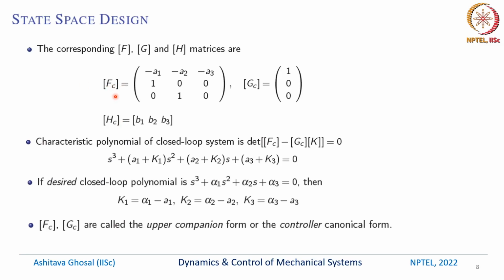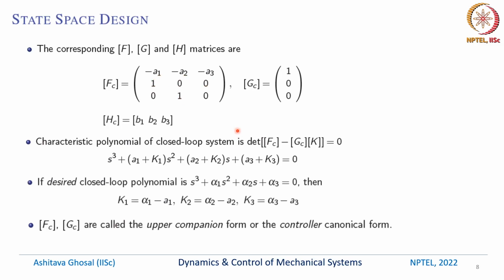So this subscript C basically means that F is in the controller canonical form. Whenever you have a controller canonical form, G is 1, 0, 0, and F is in this form: minus A1, minus A2, minus A3, the second row is 1, 0, 0 and the third is 0, 1, 0.